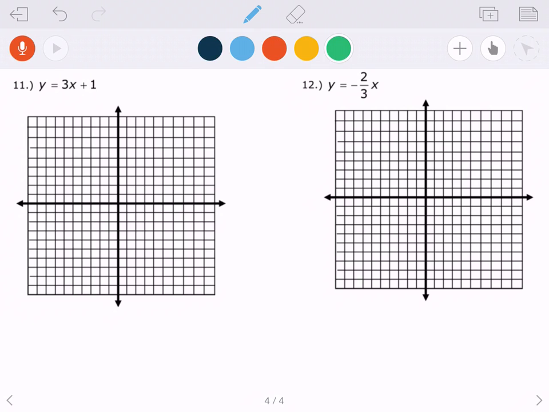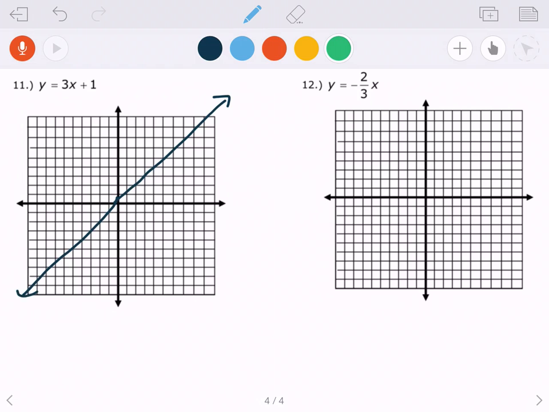So number 11, let's go ahead and graph it. Let's graph our parent function first. Again, you should take a little bit more time than I just did to graph that. Actually do your rise over run. Although what I graphed was actually not bad.